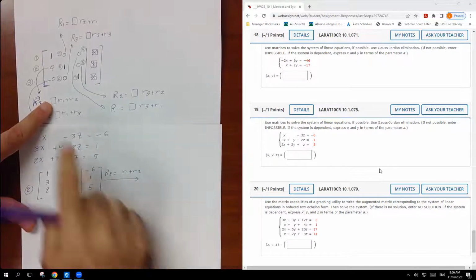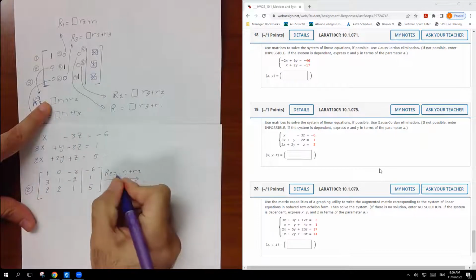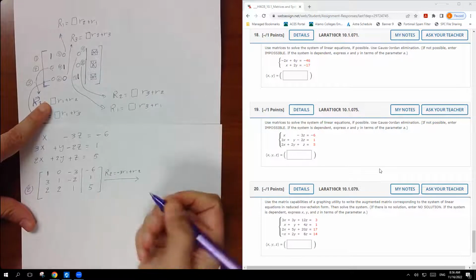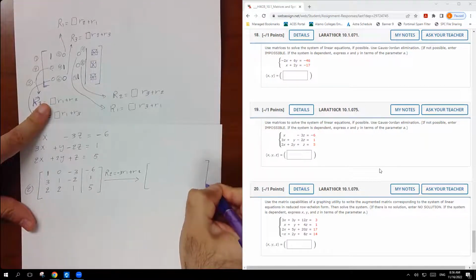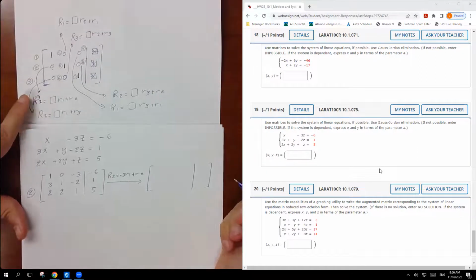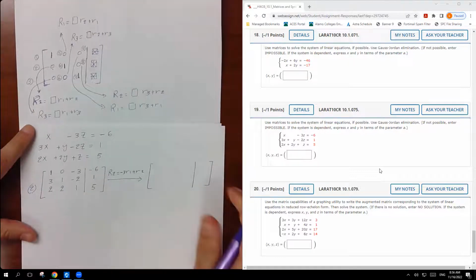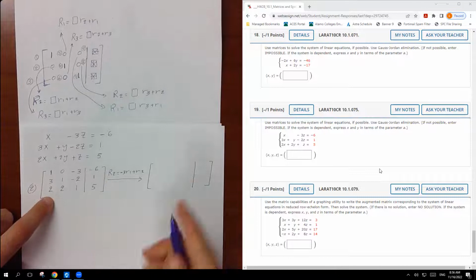What's the number on this location? The number of this location is a 3. So I have to write down -3. The change is going to be on R2. That means R1 and R3 is going to be the same.